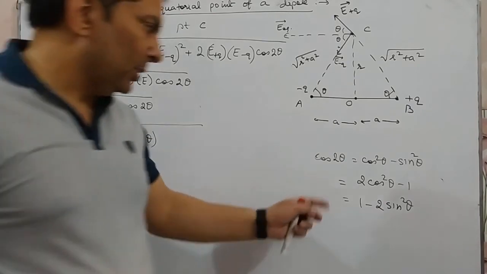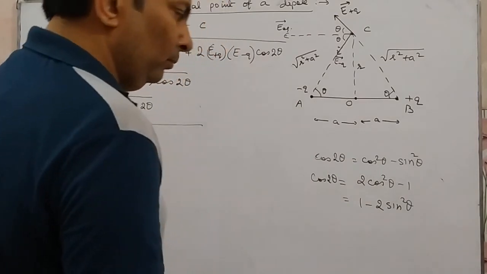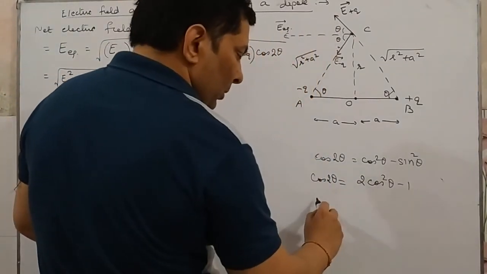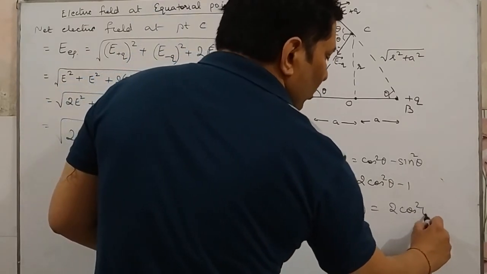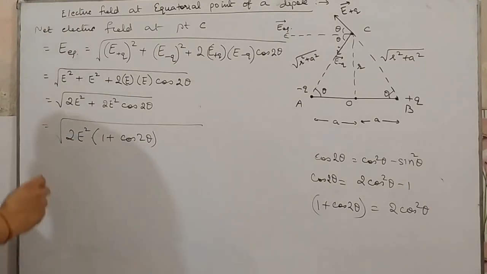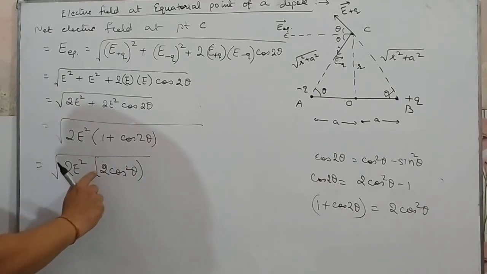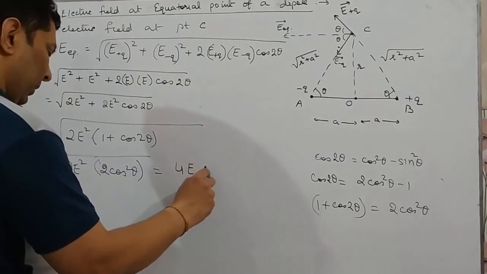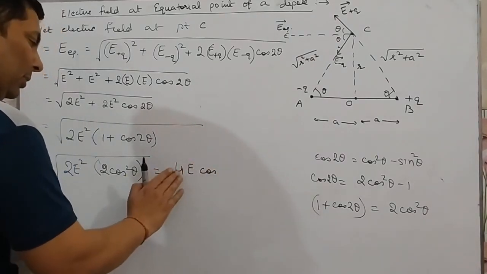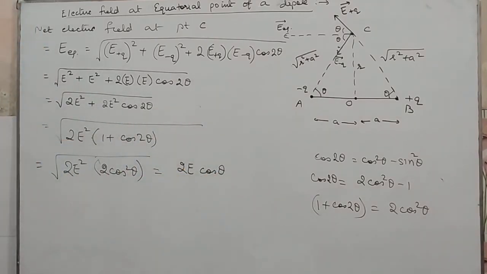From this result we can see that 1 plus cos 2 theta is equal to 2 cos squared theta. Put the value here: we have 2E squared times 2 cos squared theta. The result obtained is 4E squared cos squared theta, so E is 2E cos theta. So the resultant electric field is this.